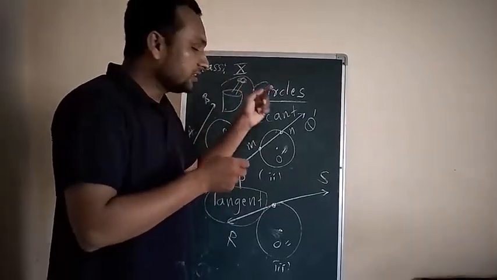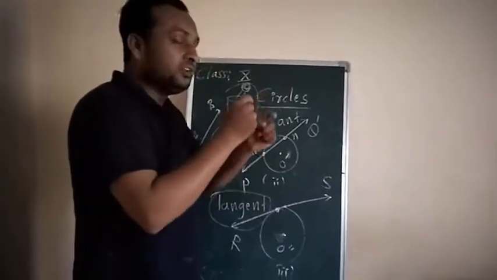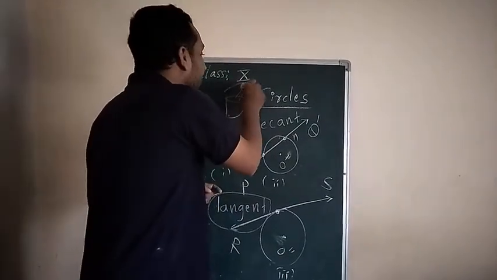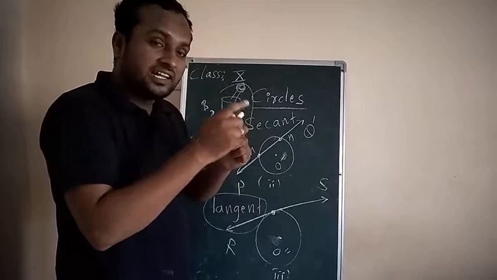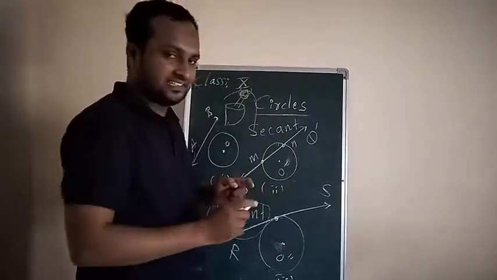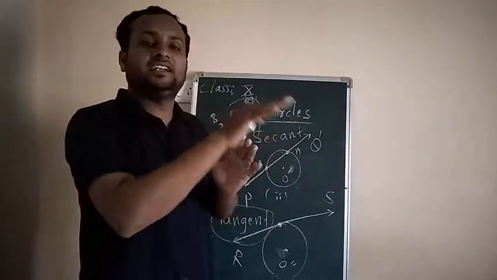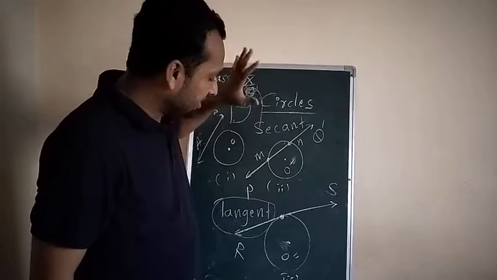The rope touches the wheel, the pulley, at just one edge of that wheel. That is one example of the tangent, correct? The rope touches only one point of the wheel. This is an example of the tangent.